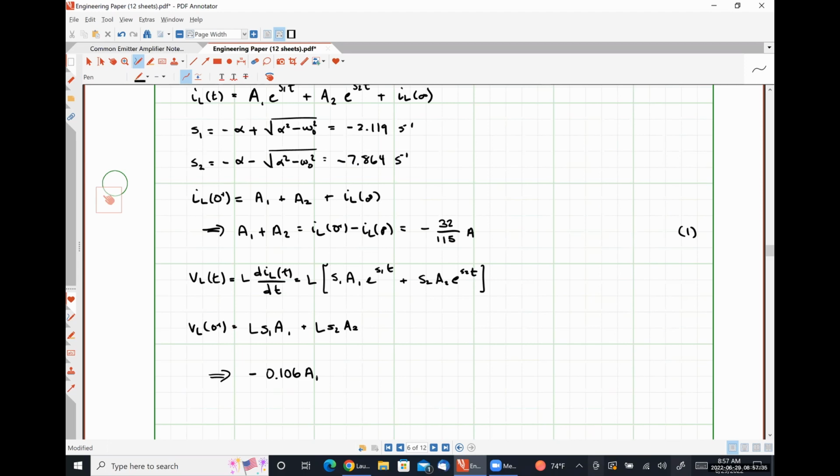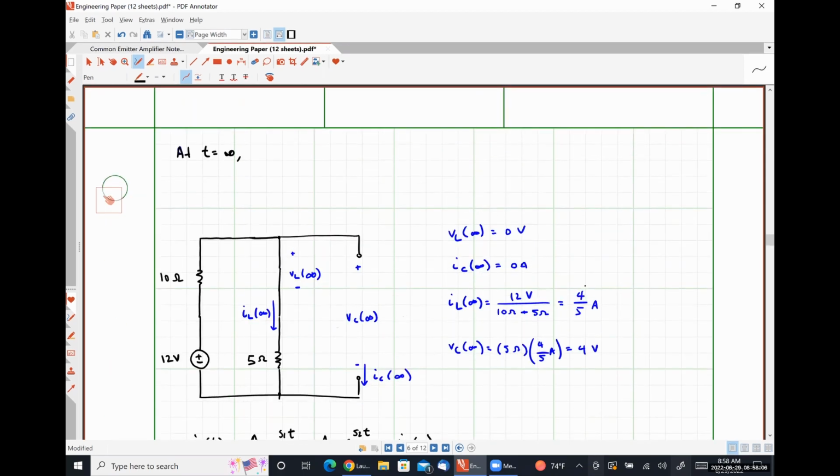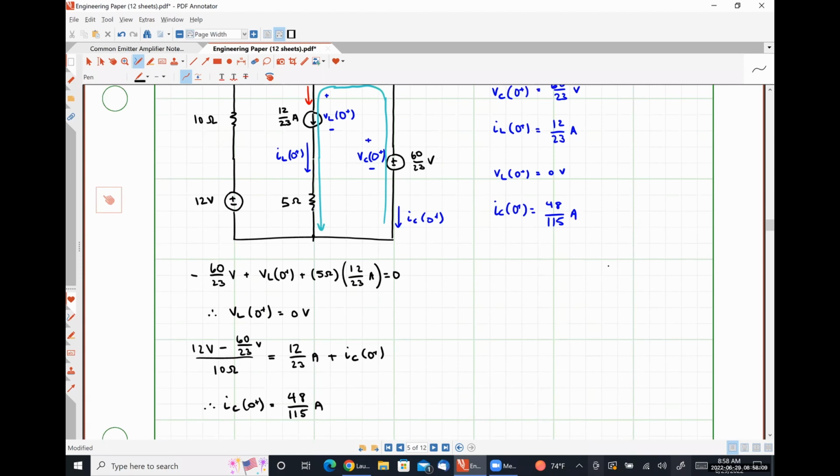L, 0.05 times S2, which I have stored in my calculator as D. Store the results of this as B, gives me negative 0.393 A2 will be equal to VL at 0 plus, which was 0 volts. If I'm recalling correctly, let's double check that. VL at 0 plus was indeed 0 volts.